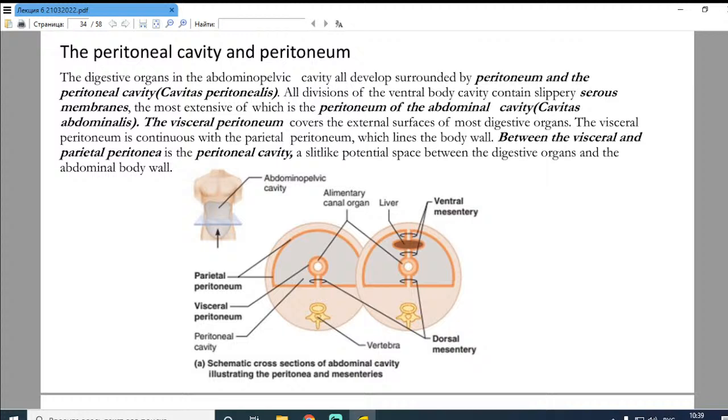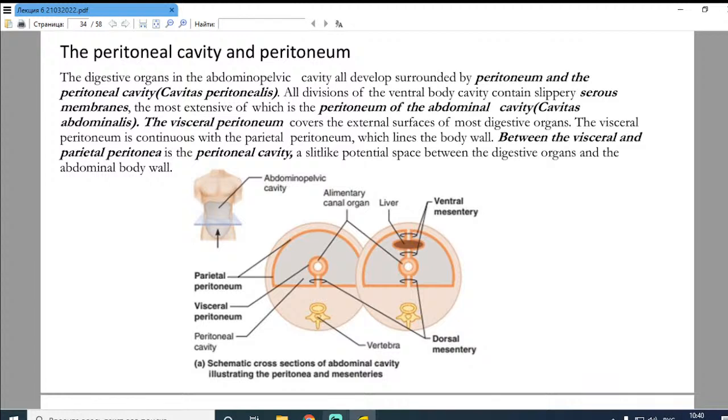Between visceral peritoneum and parietal peritoneum is the peritoneal cavity, a slit-like potential space between digestive organs and the abdominal body wall.